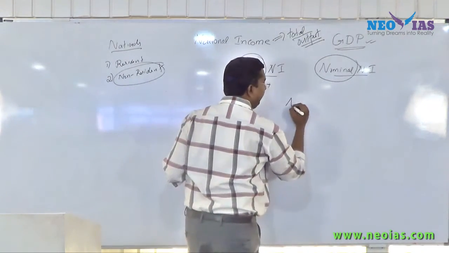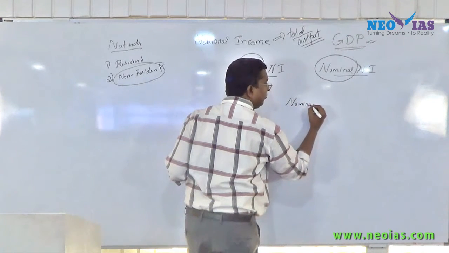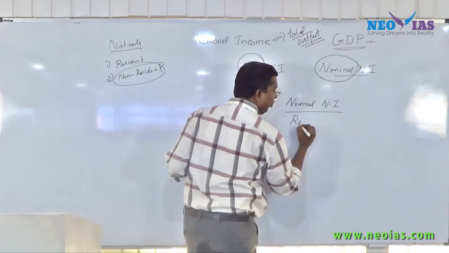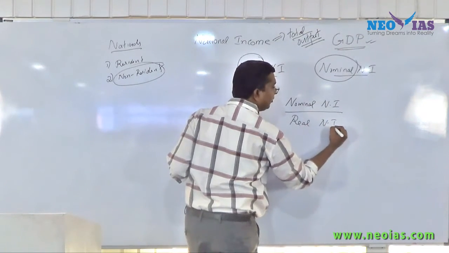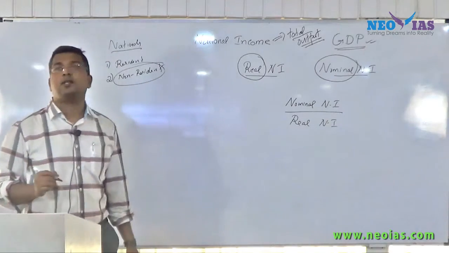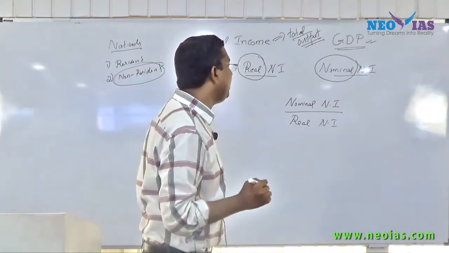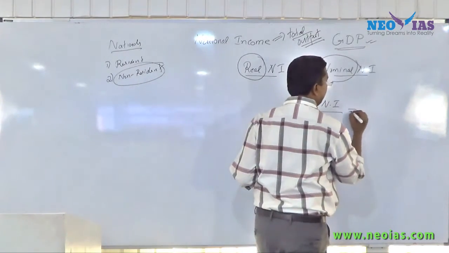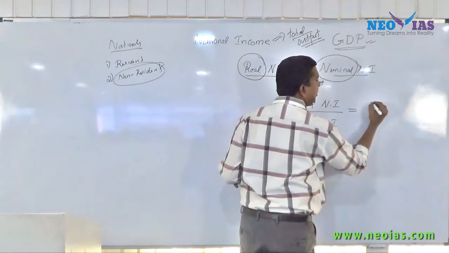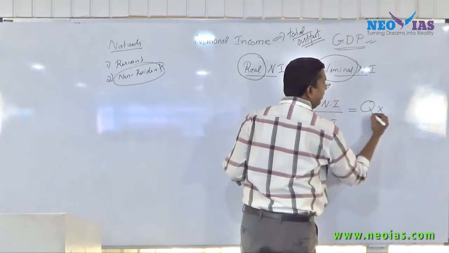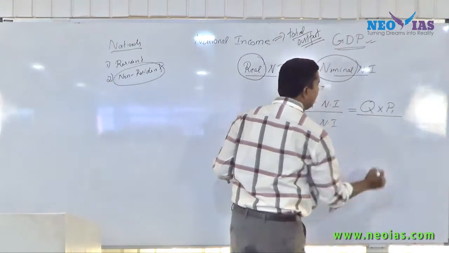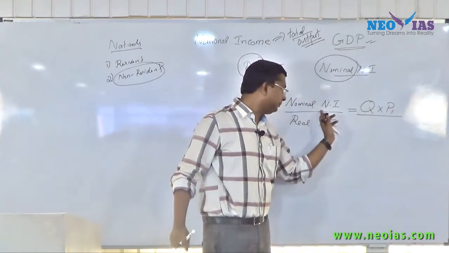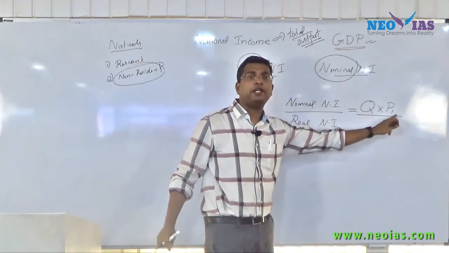Now in relation to real national income and nominal national income, keep this in mind. Imagine nominal national income is divided by real national income. What will you get for a particular year? In nominal national income, it is the quantity produced and the prices of the current year.